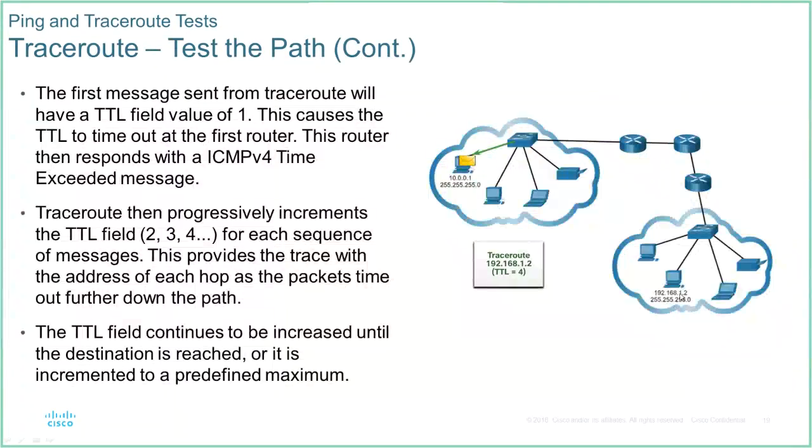The next message will come out with a time to live of 2. So it goes through here, goes to 1 as it comes out, gets to here, goes down to 0, has to be discarded, and sends a message back. That's basically how traceroute works.